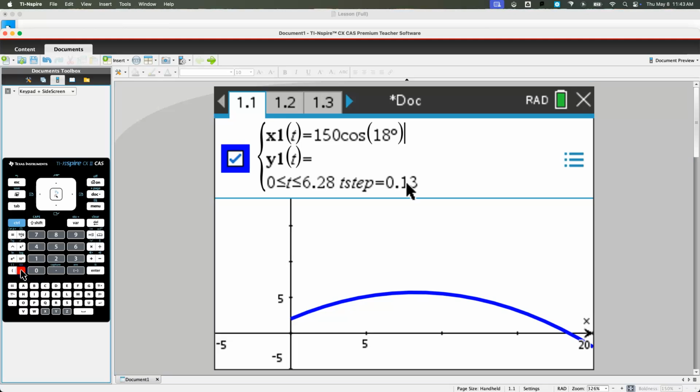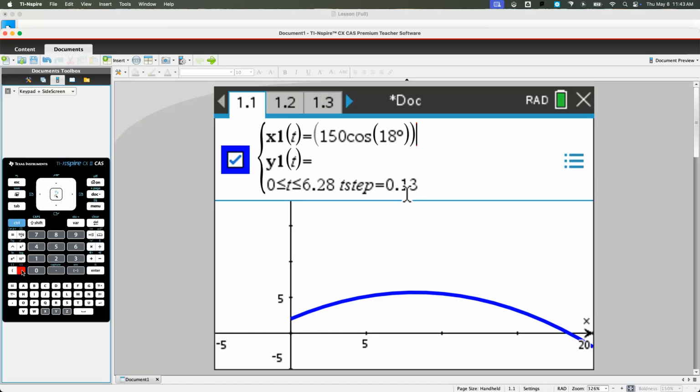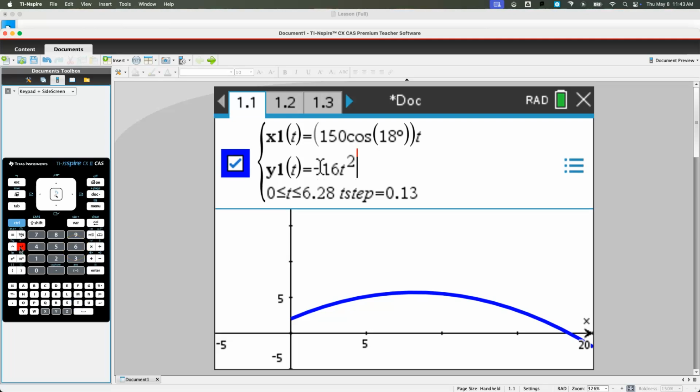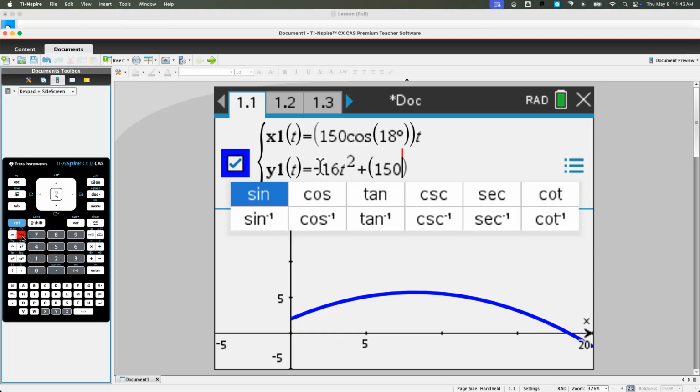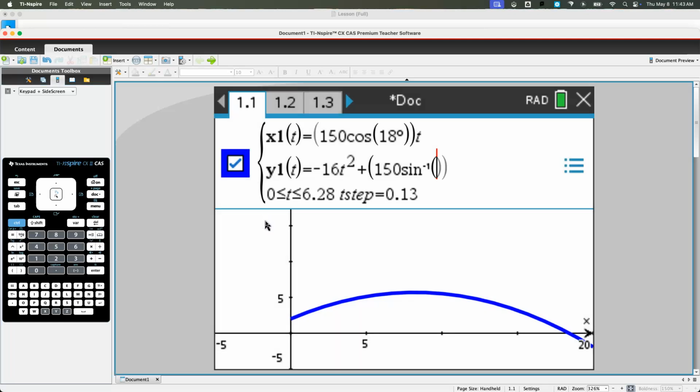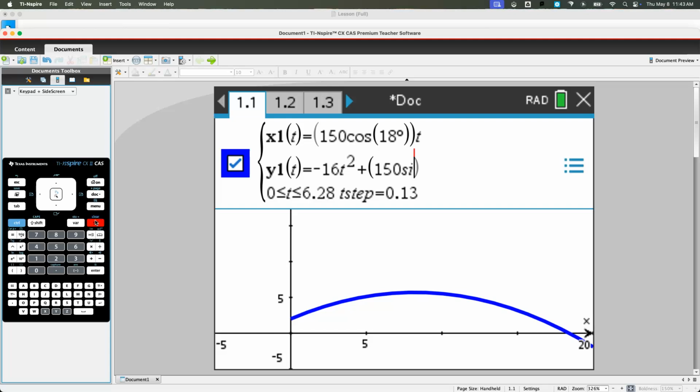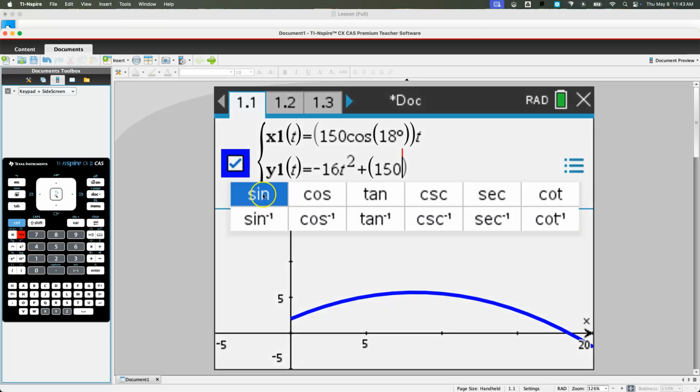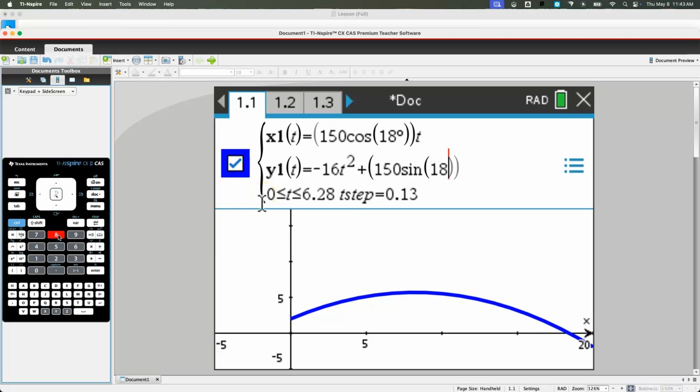times T, negative 16 T squared. Let's redo it. Plus 150, not inverse sine, tap the brakes, sine of 18 degrees, close, T plus 3.